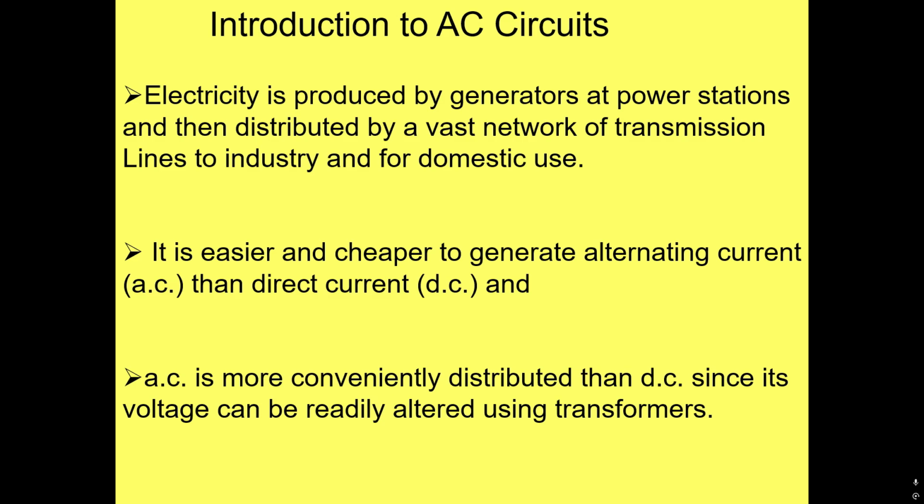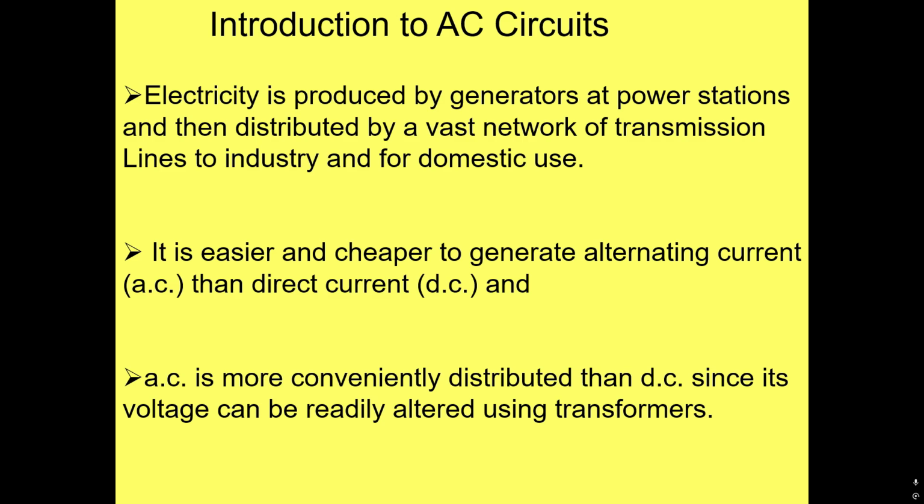Electricity is produced by generators at power stations and then distributed by a vast network of transmission lines to industry and for domestic use. So for our house, the electricity supplied is AC or alternating current.